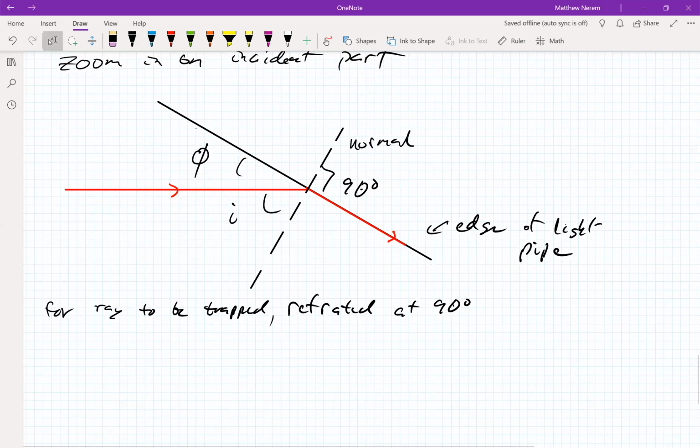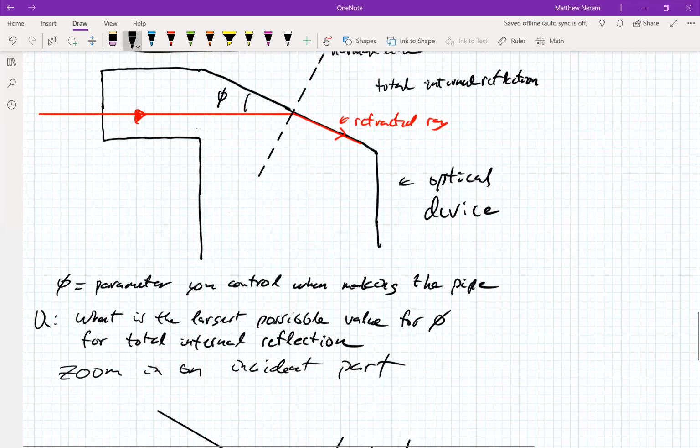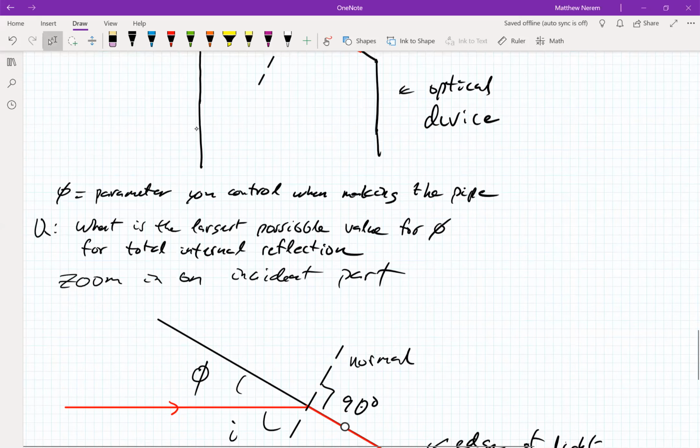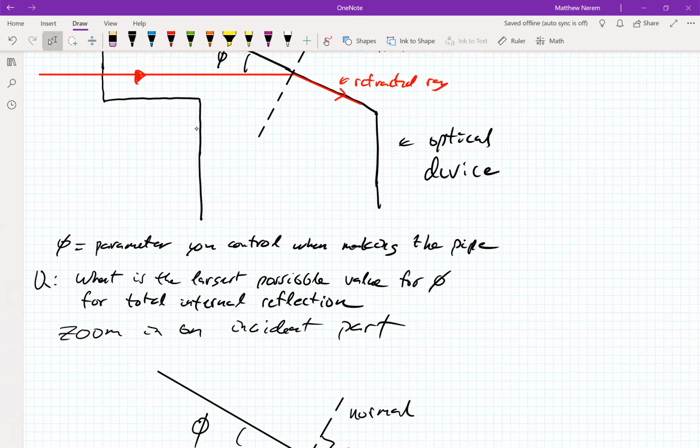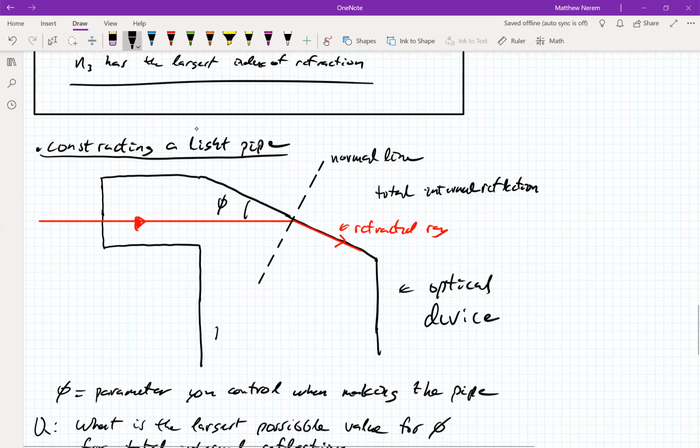So we can say Snell's law. In whatever the pipe is, let's go back a bit to clarify. We'll have in pipe, this part we're going to call it 1.6. Out here we have in air, which we're calling 1.